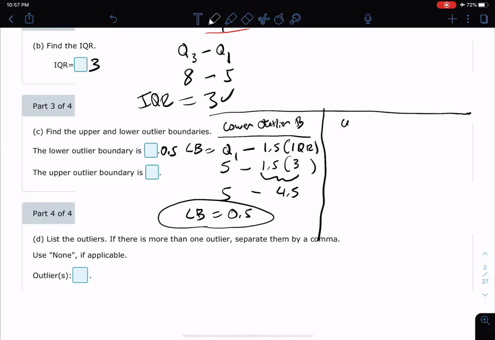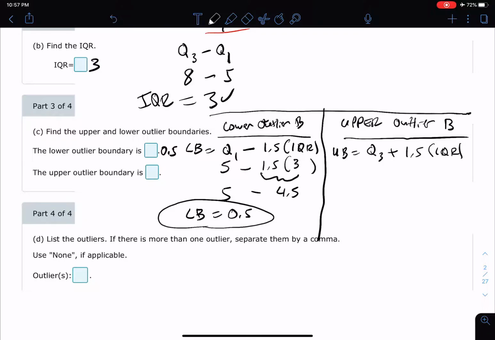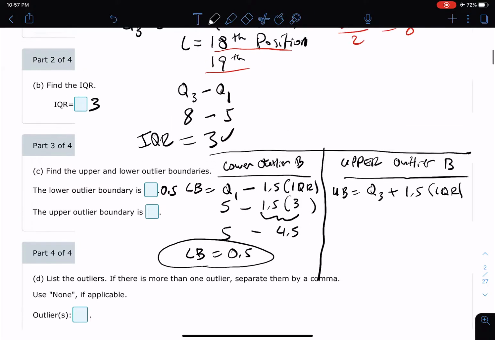Let's go ahead and look at our upper outlier boundary. To find our upper boundary, we take Q3 and add 1.5 times the IQR. So let's start filling in the blanks.